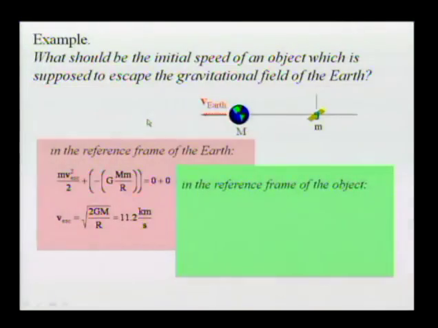So I'm doing it now the same way. I see that Earth is supposed to escape now from the vicinity of the spacecraft. And I will also use conservation of energy, this time for the Earth. The kinetic energy of the Earth as it is flying away from the spacecraft is the mass of the Earth times the same value of the escape speed squared divided by 2.